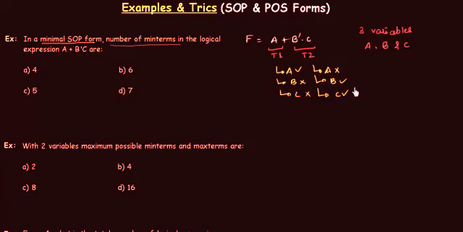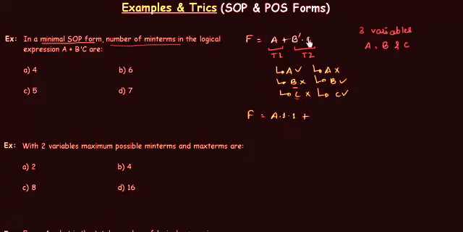And in step number 3, we will AND 1 as many times as the variables are absent. We don't have B, so this 1 is for B. We don't have C, so this 1 is for C. I have already explained why we are ANDing 1 with the absent variables in the last presentation.